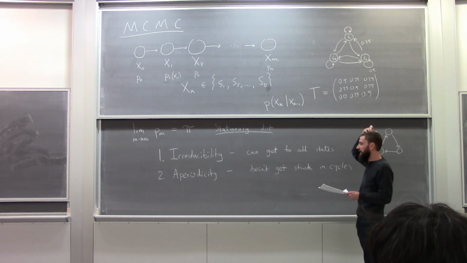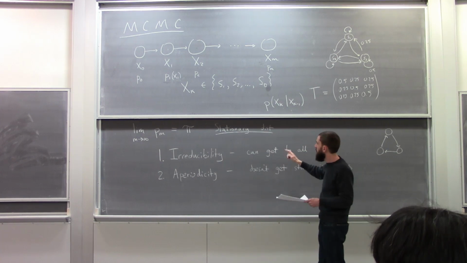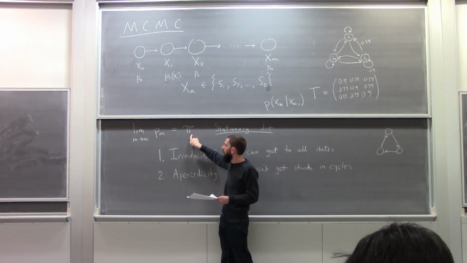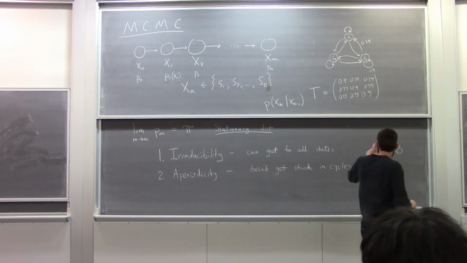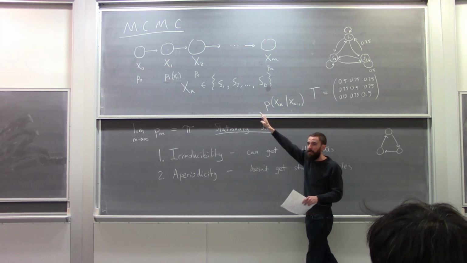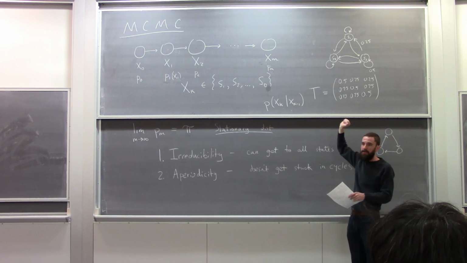But now I think the thing that really makes it intuitive why we converge to this stationary distribution in the finite case is to think of this in terms of matrices, and the p's in terms of vectors, and then consider the eigenanalysis, the spectral analysis, of this T matrix.